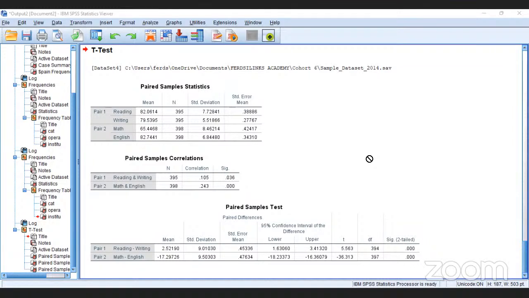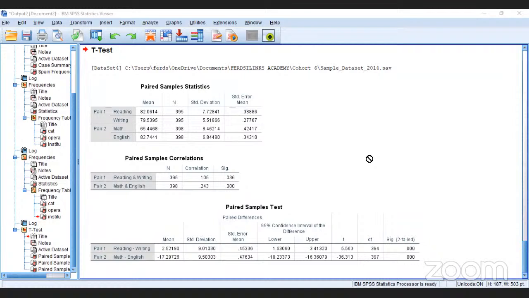Let's assume that reading 1 is reading and 2 is writing. So what would be the conclusion? That the first reading, right? In the second one, the performance was poor. Do you get that?